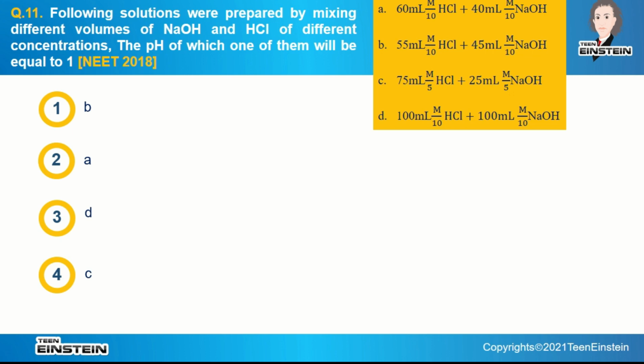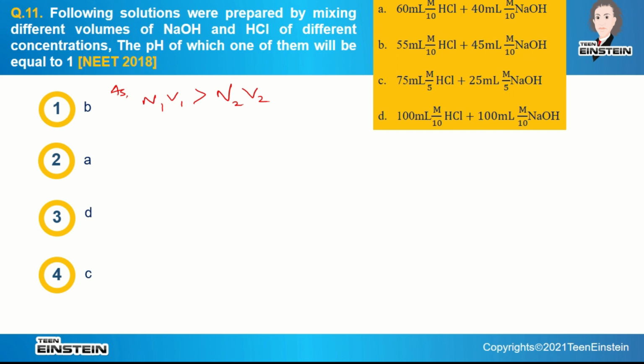So here, among all the given concentrations of acid and base, acid is left at the end of the reaction. So we come to know that N1V1 is greater than N2V2, so the resulting solution will be acidic.